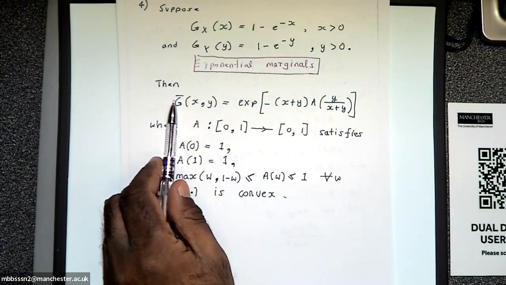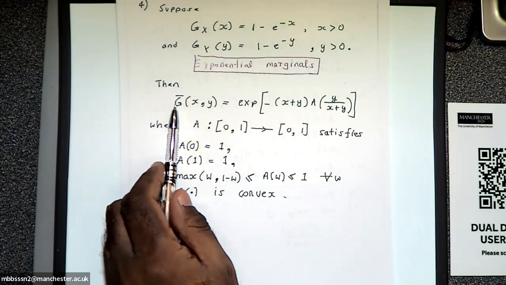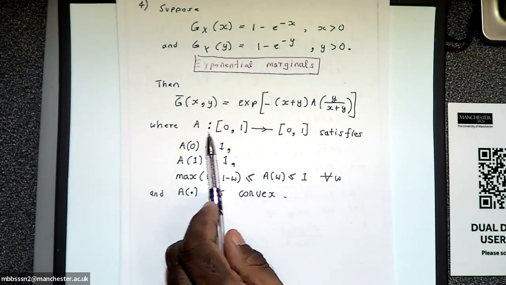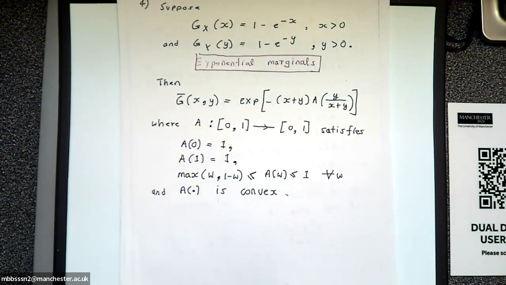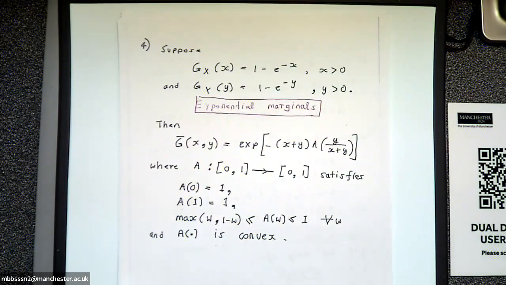I introduced this notation some time ago: if you put a bar on top, it means a survival function. Here A is once again the same function satisfying these properties. Okay, that's representation 4.